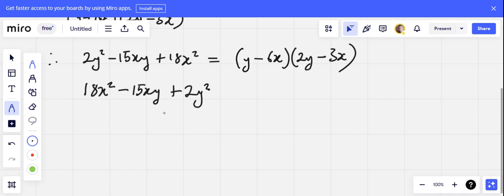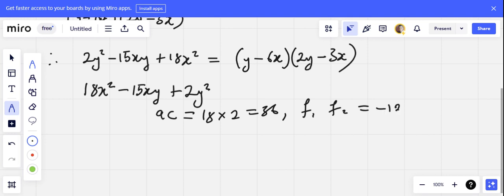Accordingly, our a in this case is 18, our c is 2. So 18 times 2 gives us 36. Our factors will still be minus 12 times minus 3 to give us plus 36, and when you add them, it gives you minus 15. So you see, it's still the same procedure.